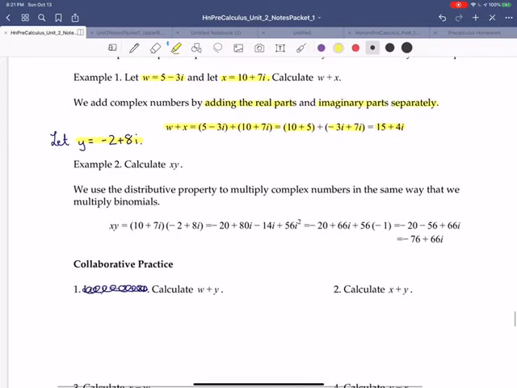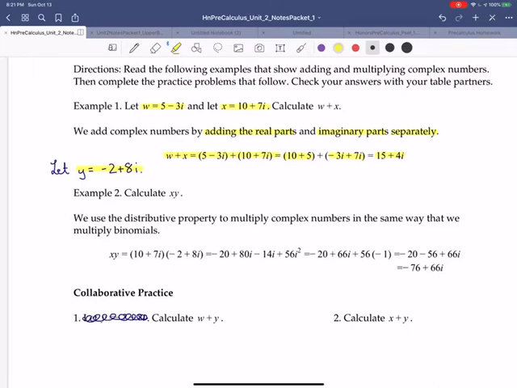And then next we calculate the product xy, where x is the complex number 10 plus 7i, and y is the complex number -2 plus 8i. So what's important to remember here is we use the distributive property to multiply complex numbers in the same way that we multiply binomials. It's a little bit difficult to follow how the distributive property is being used here.